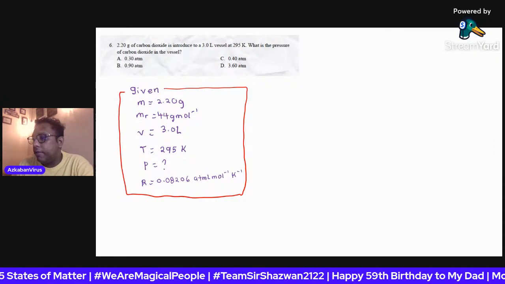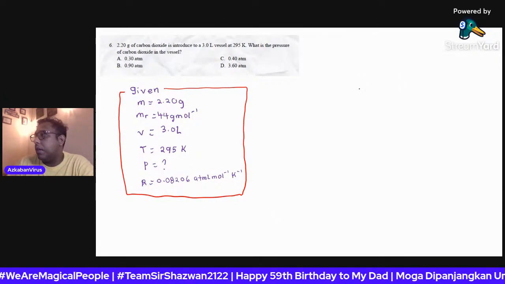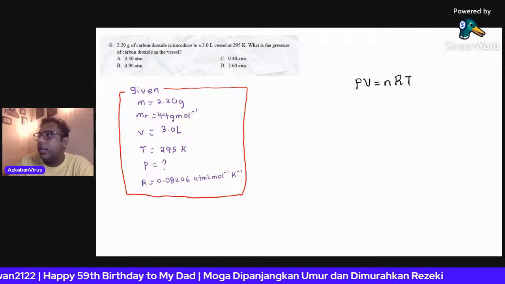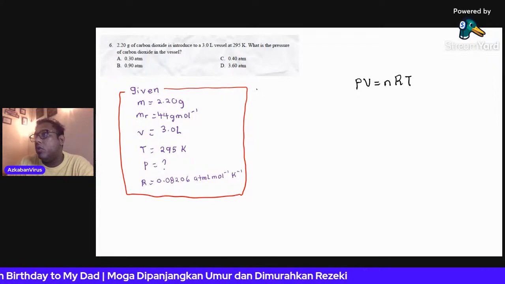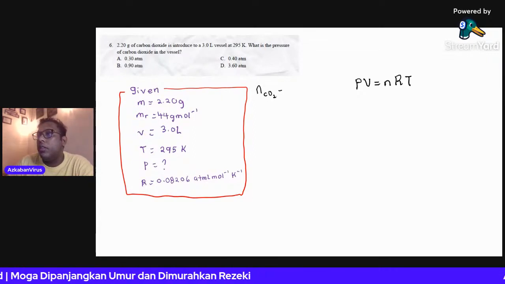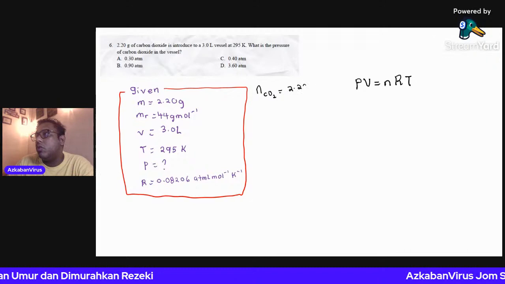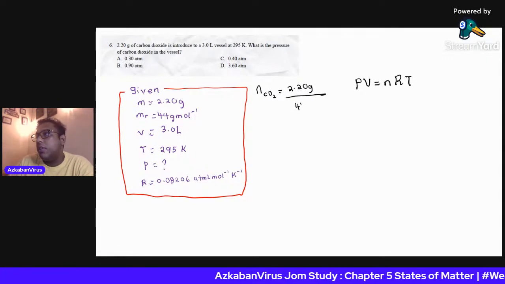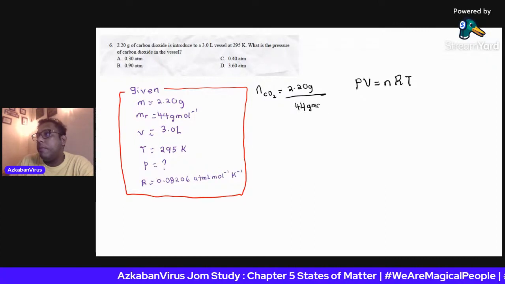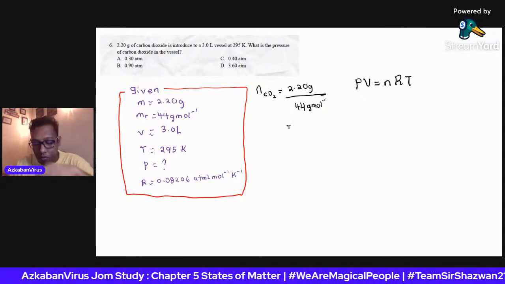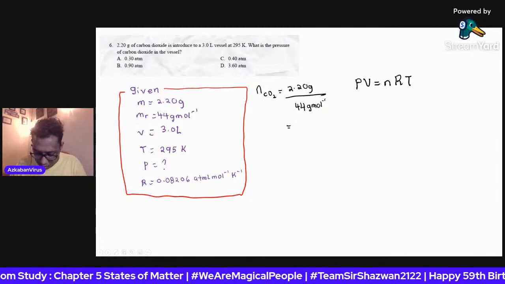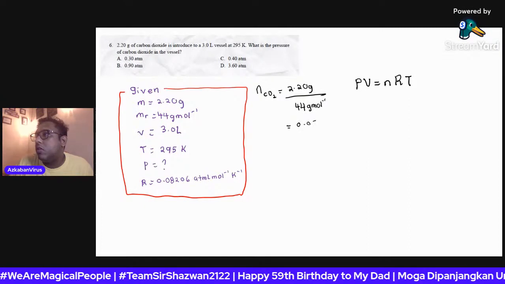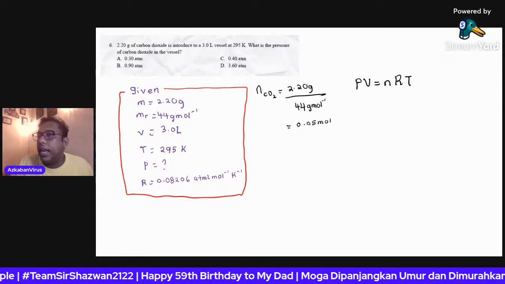We know that PV is equal to nRT. Kita tak ada n lagi, kita cari mole dulu. nCO2 is equal to 2.20 gram bahagi dengan 44 gram per mole. So this is equal to 0.05 mole. Then kita nak cari pressure.